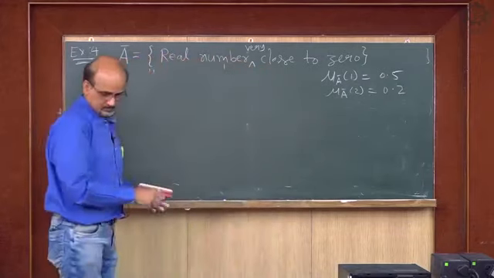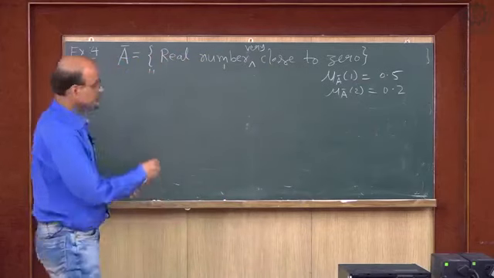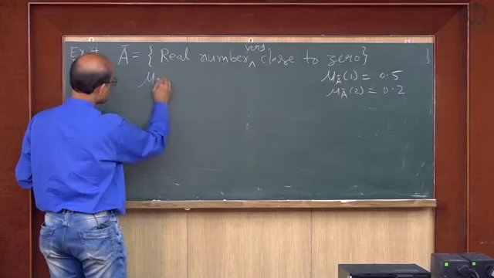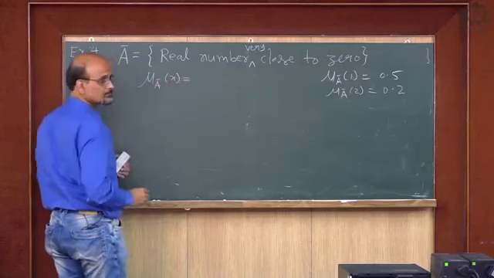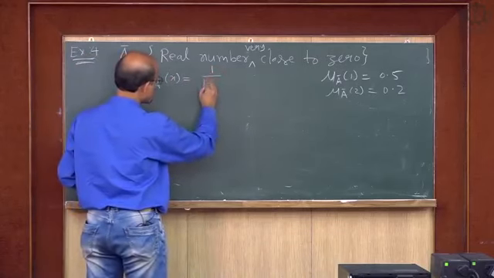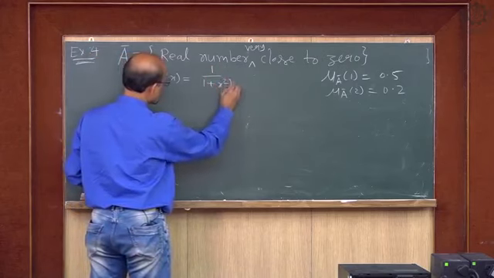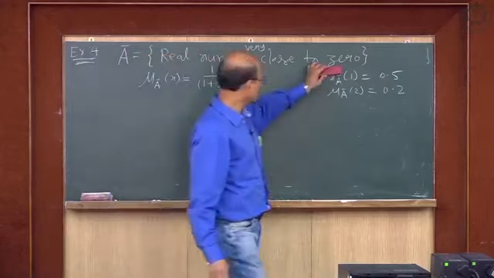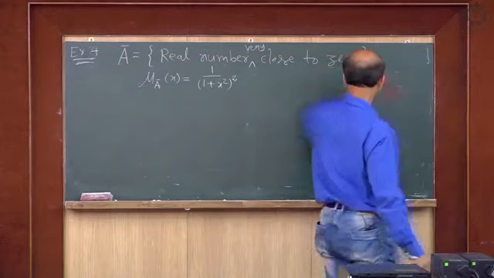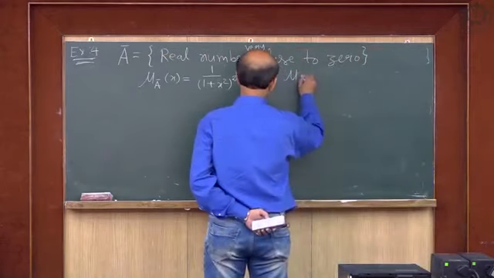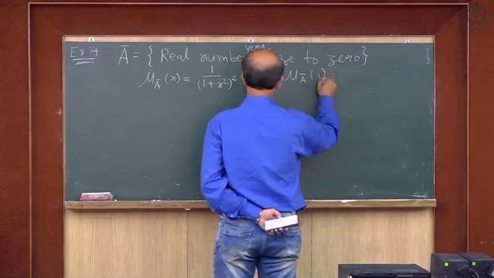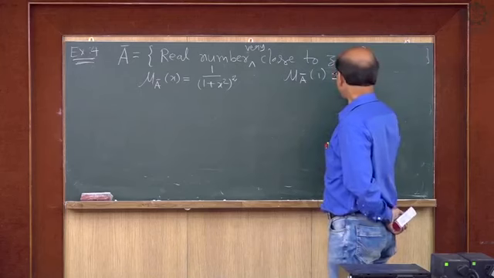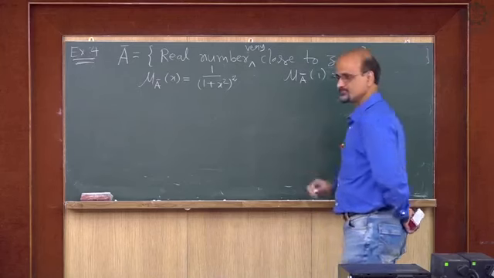In this case we can define mu A bar x as 1 by (1 plus x square) whole square. Now you see what you are getting. In this case, mu A bar 1 will be 0.25. You see the change.